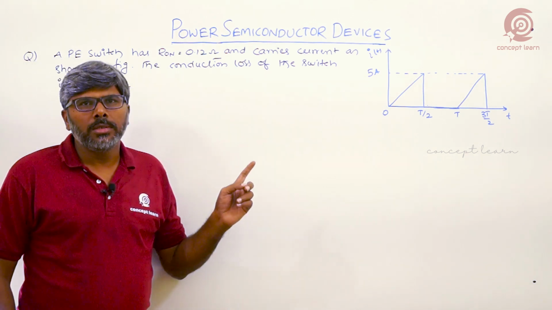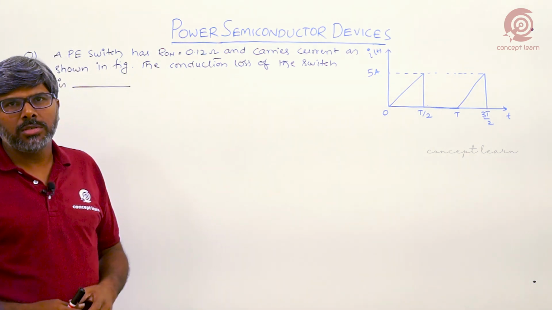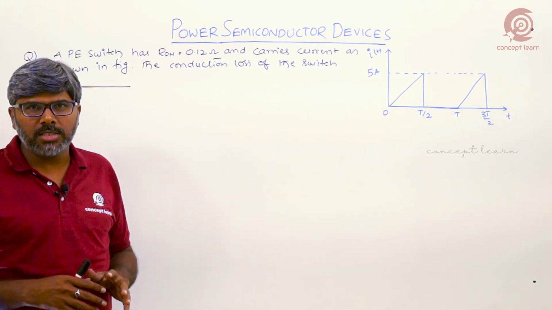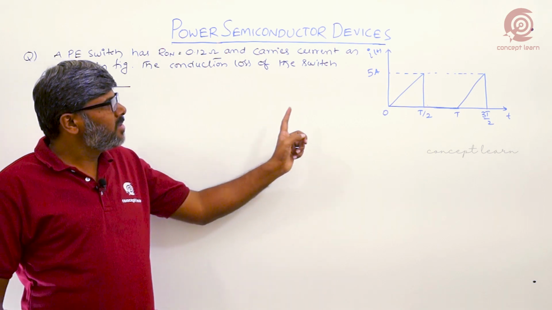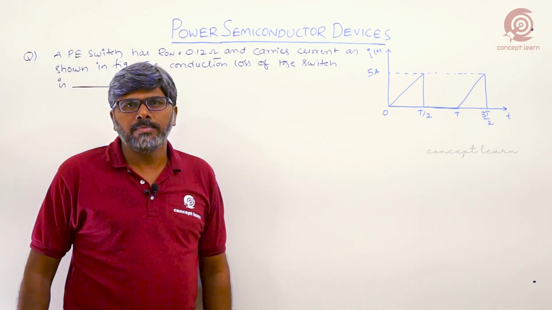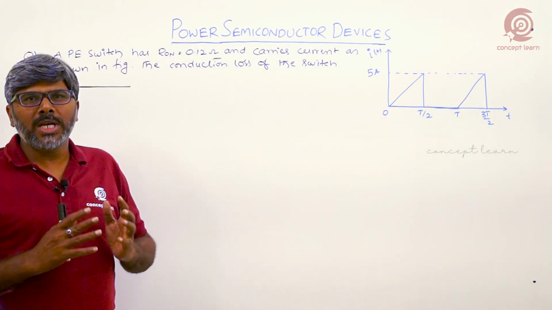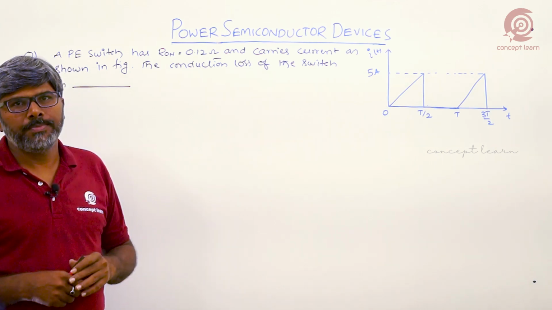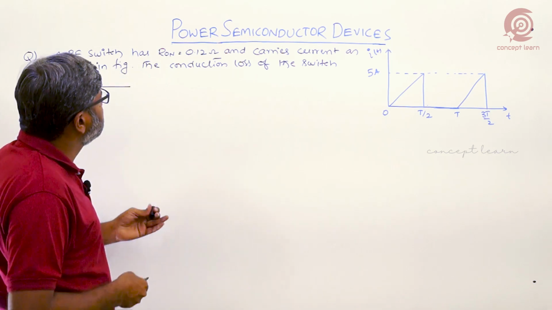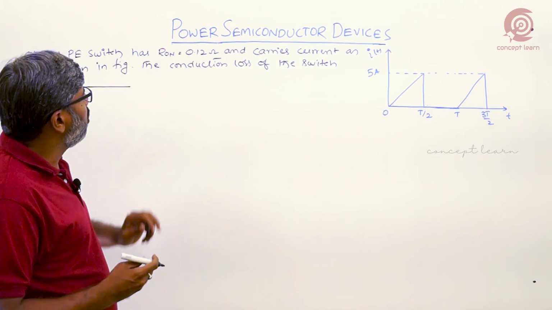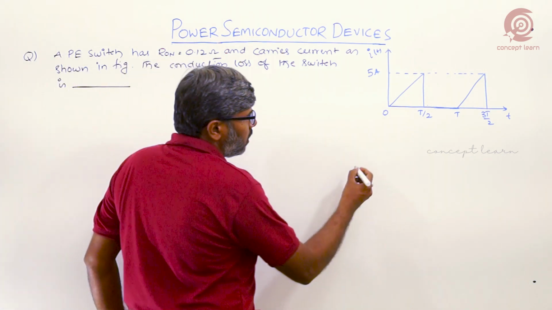So this is a problem based on conduction loss during the on state. The question is: a power electronic switch which has an on state resistance of 0.12 ohms carries the current shown in the figure. What is the conduction loss of the switch? As we know, the switch is given with the on state resistance.